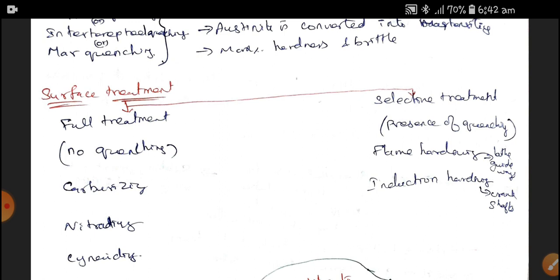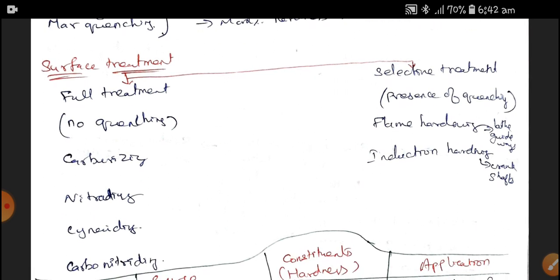Selective heat treatment has a quenching process, whereas the full treatment is subdivided into carburizing, nitriding, cyaniding and carbonitriding. These processes do not need a quenching process at all.